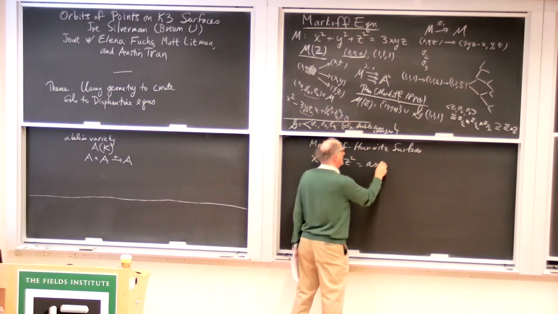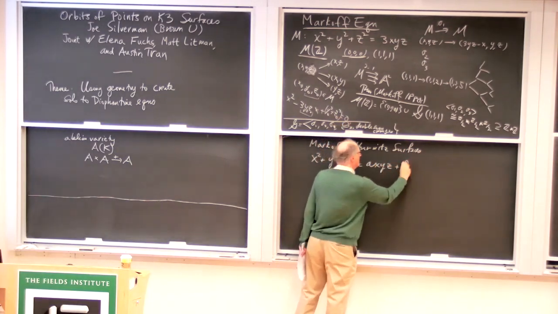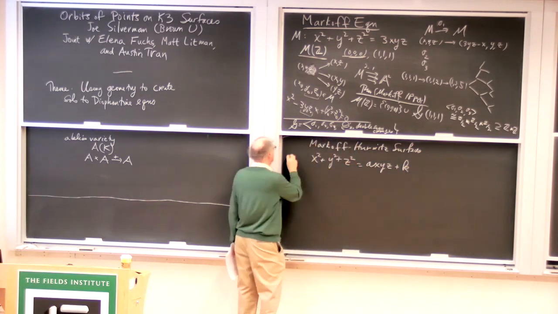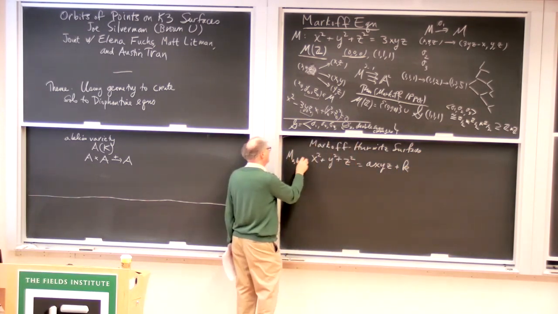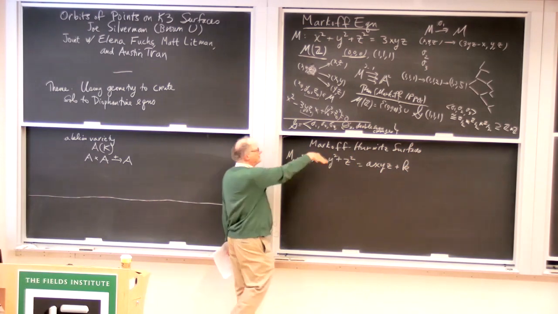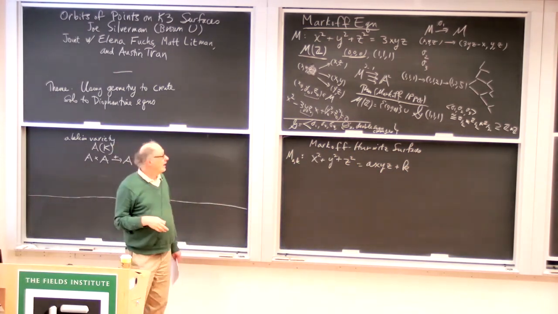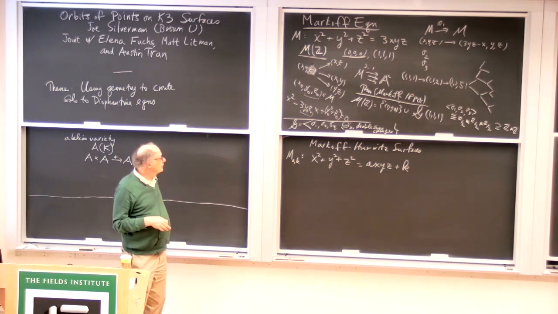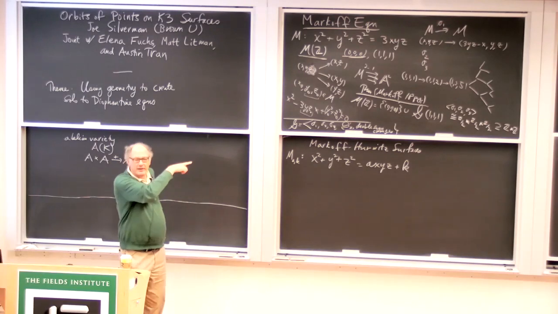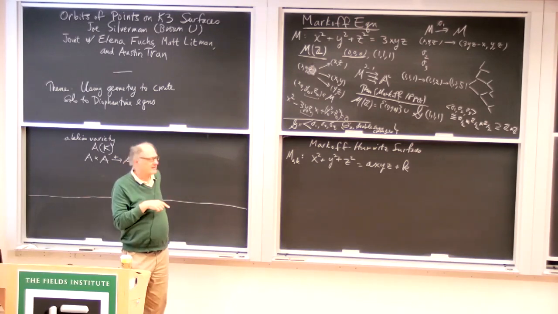I'm just going to generalize it to this extent. I'll call that M_{A,k}. So I just replaced the 3 by an A and put on a little k. Now it's no longer true that there's just one big orbit with maybe one extra point or something.